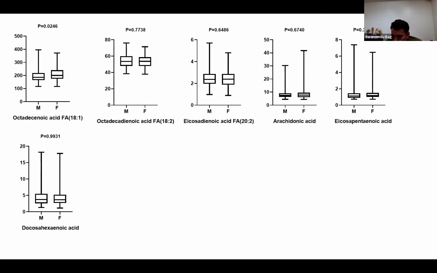So I cannot say strongly that this indicates that most of the metabolites are overexpressed in male because it is a small sample size. After completing the 5,000 sample analysis, we can strongly say the status of the metabolites reference range in Indian populations, males and females.